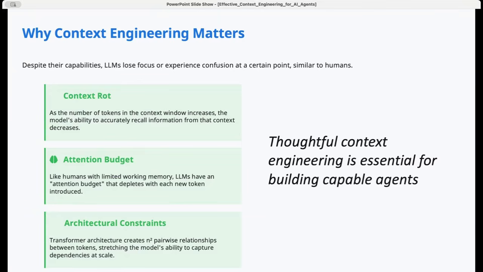So I think this mainly talks about the limitations and constraints of the LLM, and why context engineering is critical to make sure the power of our LLM can be fully utilized. It also suggests that, based on these constraints, thoughtful context engineering is essential for building capable agents.